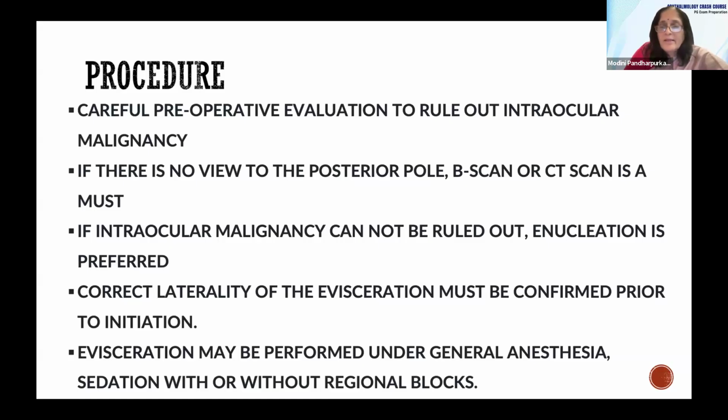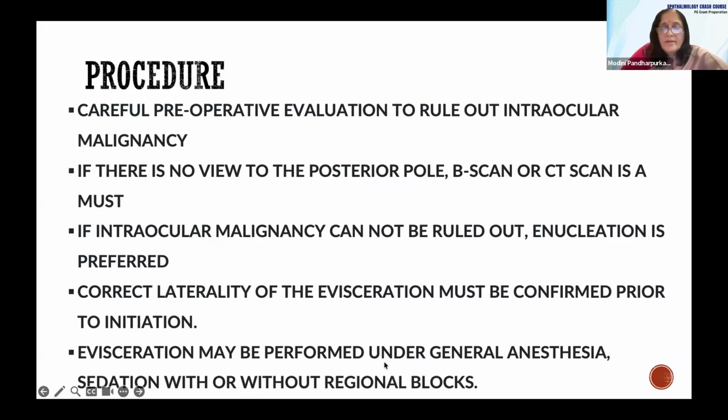The sister again looks at the case sheet and tells you, because it is a totally unpardonable crime if you take out one eye instead of the other, or you eviscerate. Of course, it is not possible for the indications that you miss the eye, but sometimes in small retinoblastomas or something, they have done one eye for the other. If it is bilateral and there is the eye you want to preserve and the bad eye, it has happened. So make sure of the correct laterality.